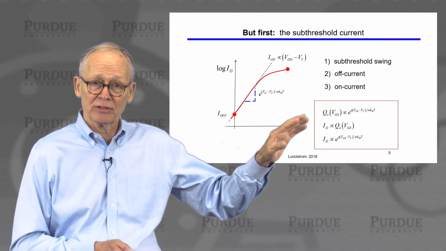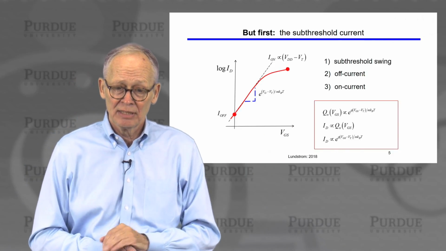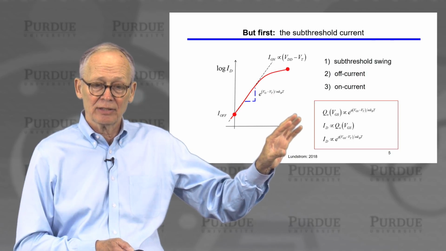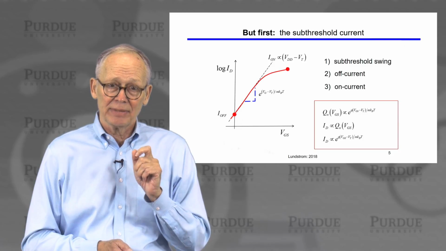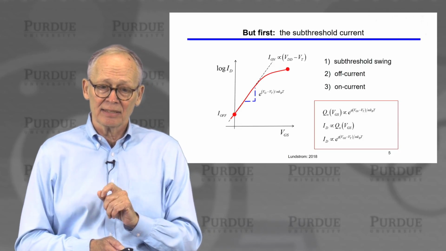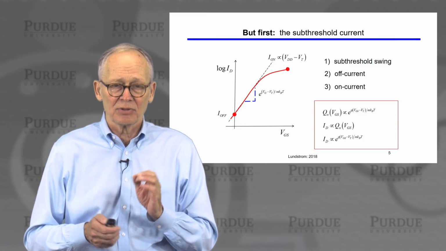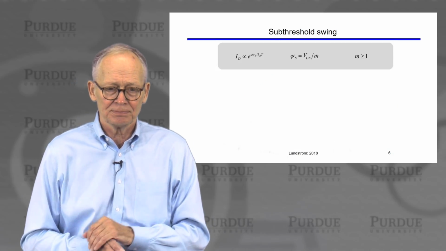We expect that the current will be proportional to the charge, so the current is proportional to e to the q V gate minus V threshold over mkt, and we know that m would be 1 in a fully depleted ultra-thin body structure.